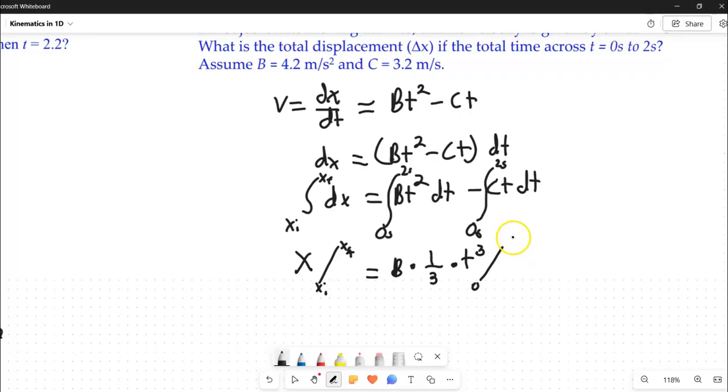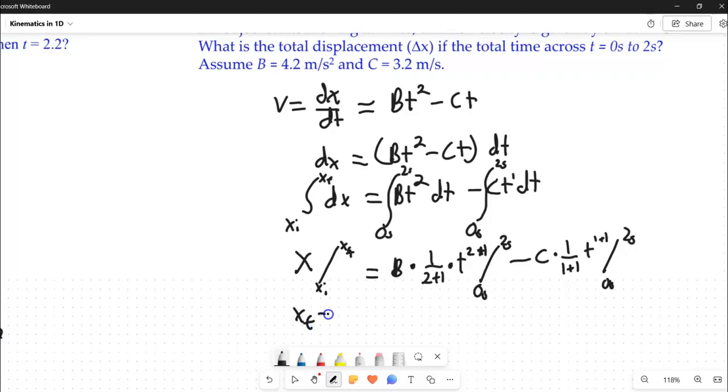I'll write that out, I don't want to skip steps. And this is minus c, times 1 over 1 plus 1, because it's t to the first there, t to the 1 plus 1, from 0 seconds to 2 seconds.